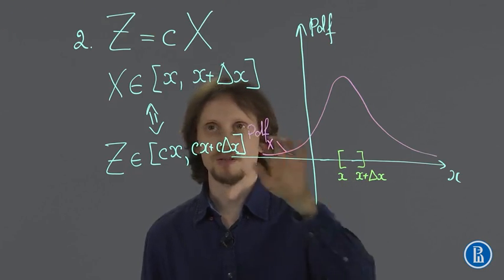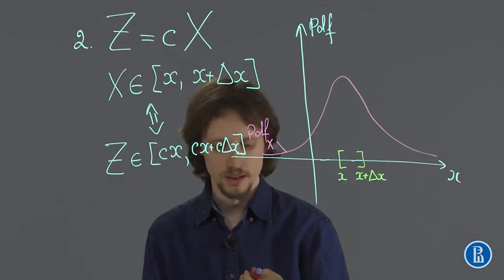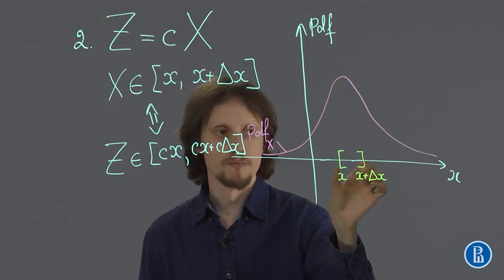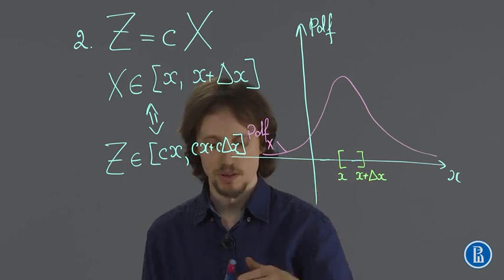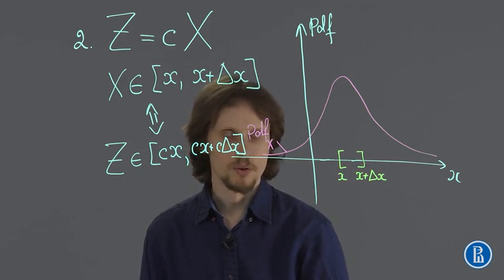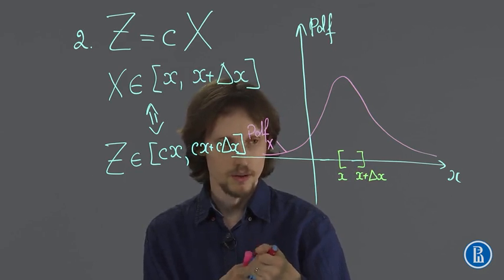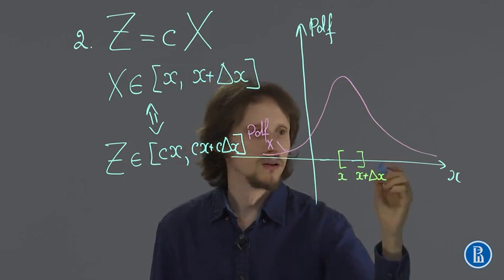This is a segment from x to x plus delta x, and when we multiply both endpoints of this segment by some constant, for example, we can think about a constant like 2 or 3, we get a new segment like this one.